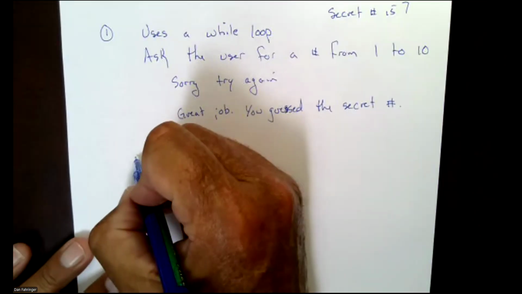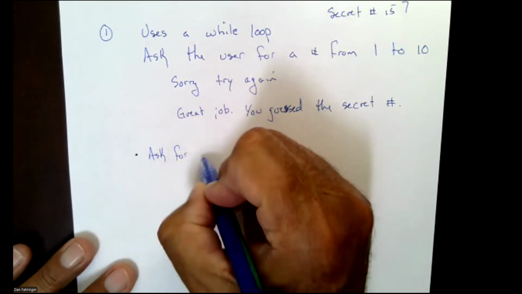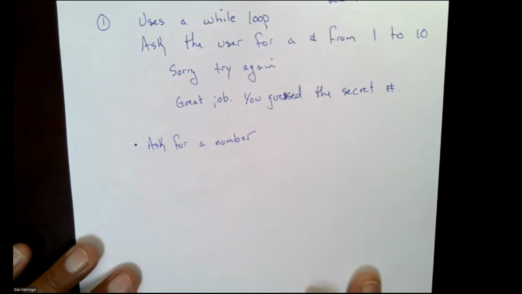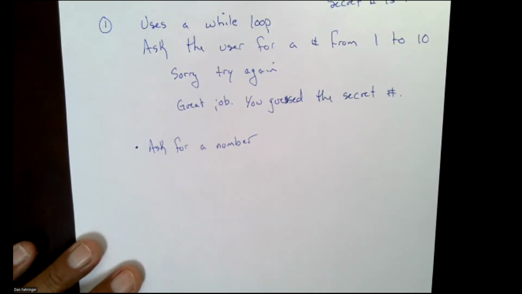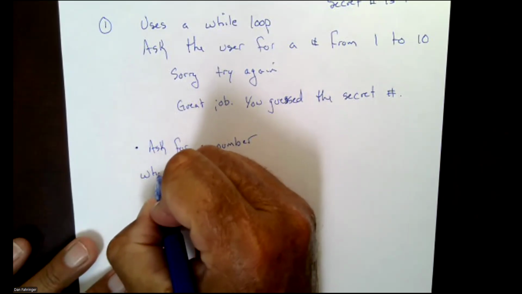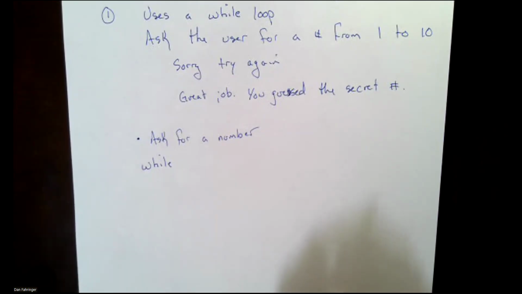So first thing you're going to do is ask for a number. Now, you're going to have a while loop, right? And inside of this while loop, you're going to say something like, while, what do you think?